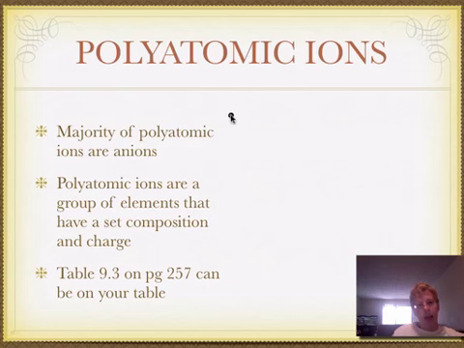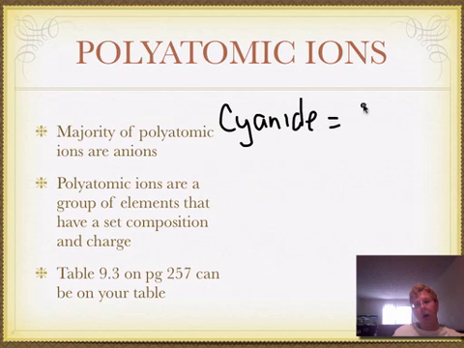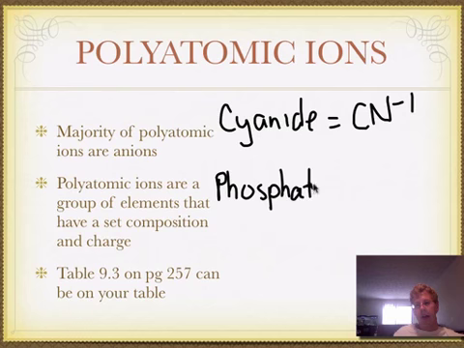Some examples that you may have heard of before include cyanide, which is always going to be CN, and it has a minus 1 charge. Other examples would be phosphate, which is always going to be PO4 minus 3.